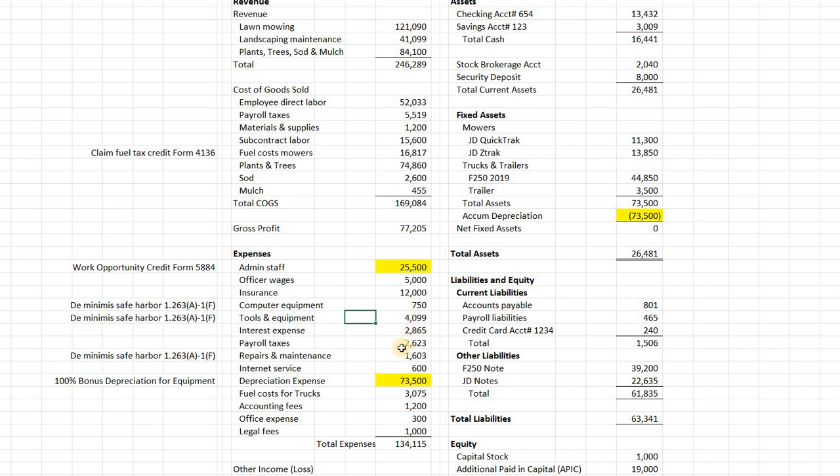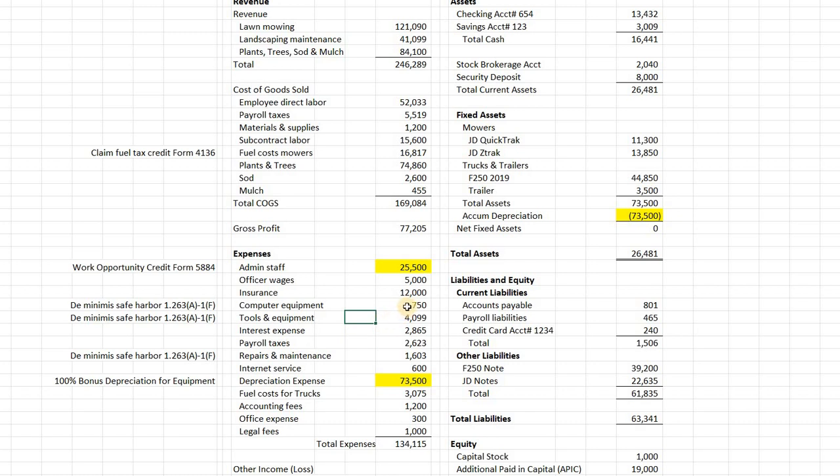A computer is going to last more than a year, hopefully, right? But if you purchase equipment or tools that last generally longer than a year, arguably you should capitalize these and depreciate them. But there are these de minimis safe harbor rules that say, look, if you have these small equipment purchases, you can just expense them immediately, right?